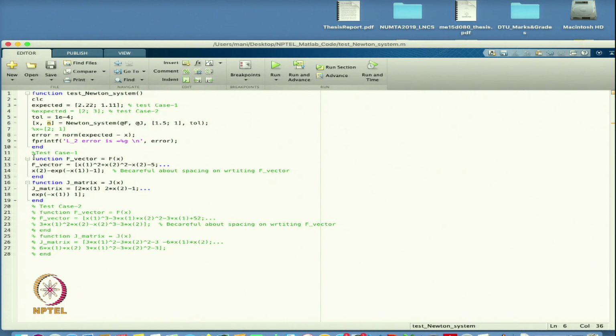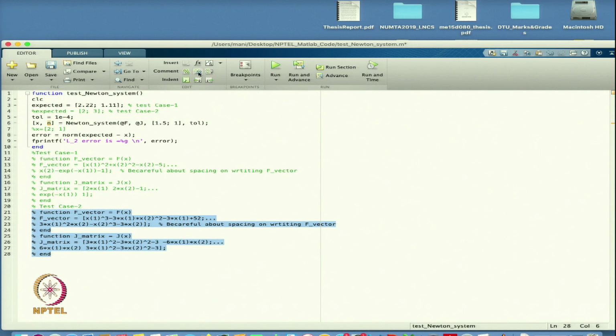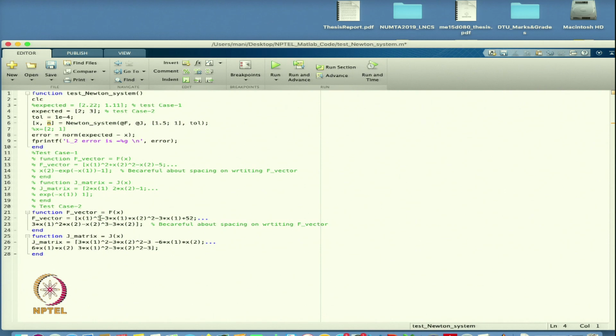Now, I will do test case 2. So, I will comment this one out and start with this. So, let us do test case 2. In this case I will change my expected value. In this case the complex functions are whatever we have defined.